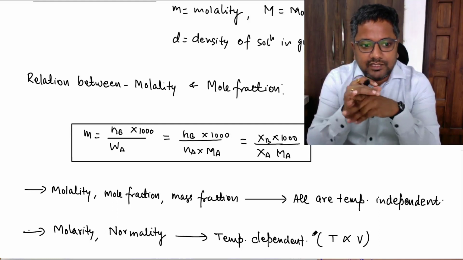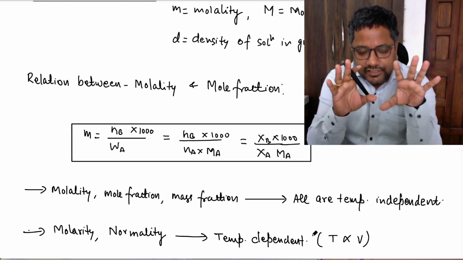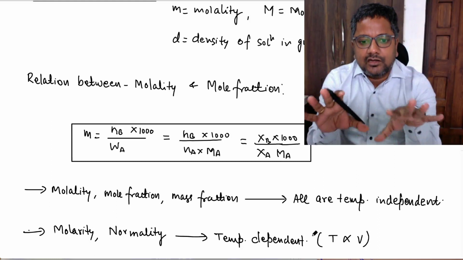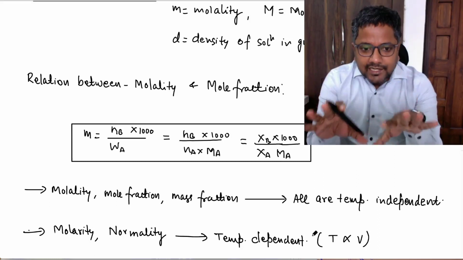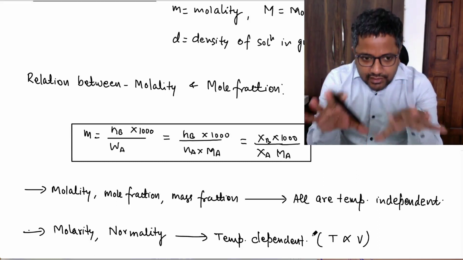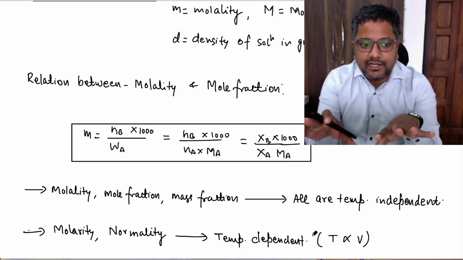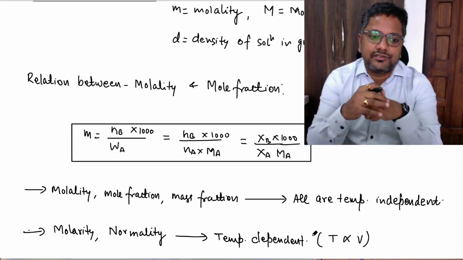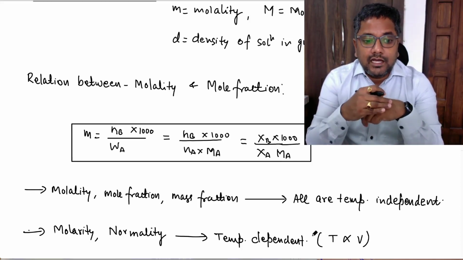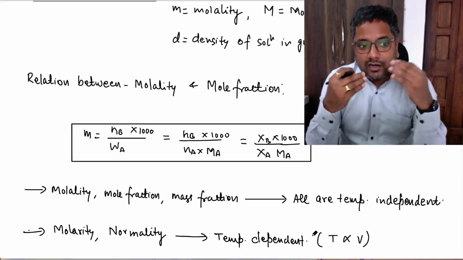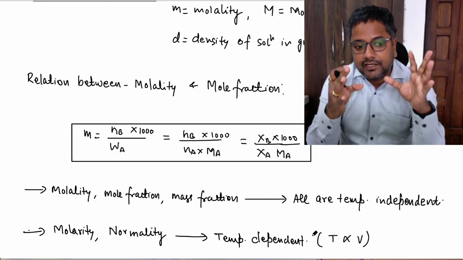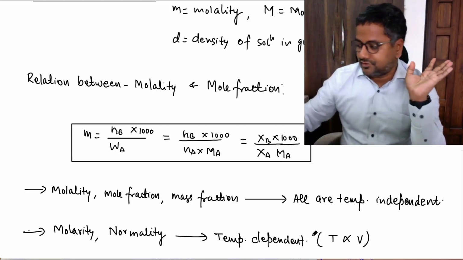But remember, this generalization is applicable only at room temperature, near room temperature or above room temperature, but not valid at lower temperatures. At lower temperatures, all of the above are temperature dependent.